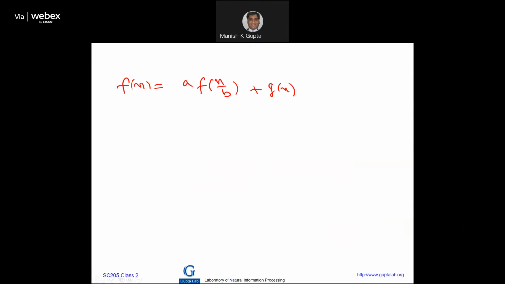What is happening? We wanted to search a list of n objects. We divided it into half. So what we are doing is divide and conquer, right? We divide half, half, half, half, and then you combine the solutions in each step. This term here is for extra operations, for combining the solutions.